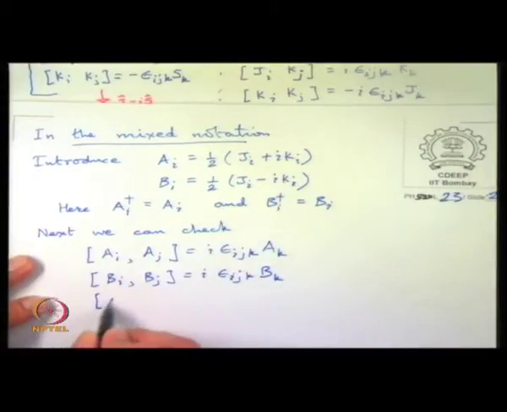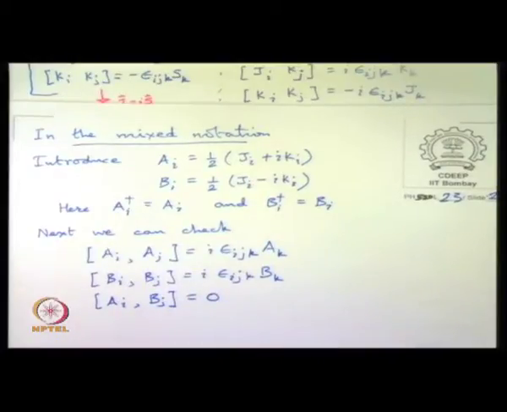And the most beautiful part of it is that they mutually don't interfere. A with B is 0. Okay.